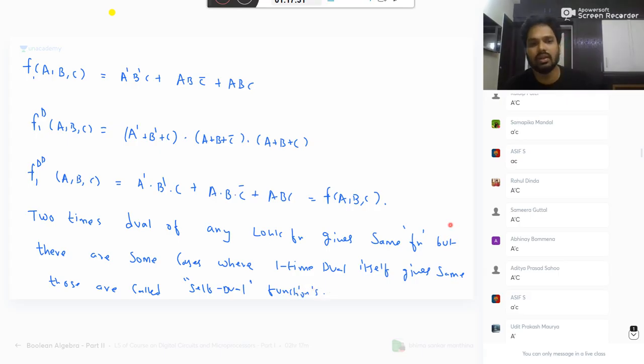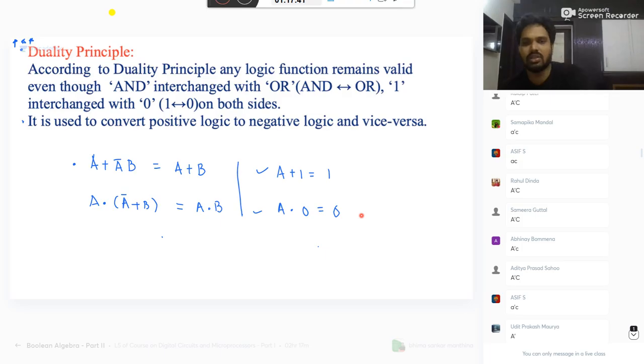Those are called self-dual functions. What are self-dual functions? One time you apply dual, again you get back your original function, then it is called a self-dual function. Okay. Simran, what is your doubt? Please ask me in this slide. Clear ho gaya? Fine.